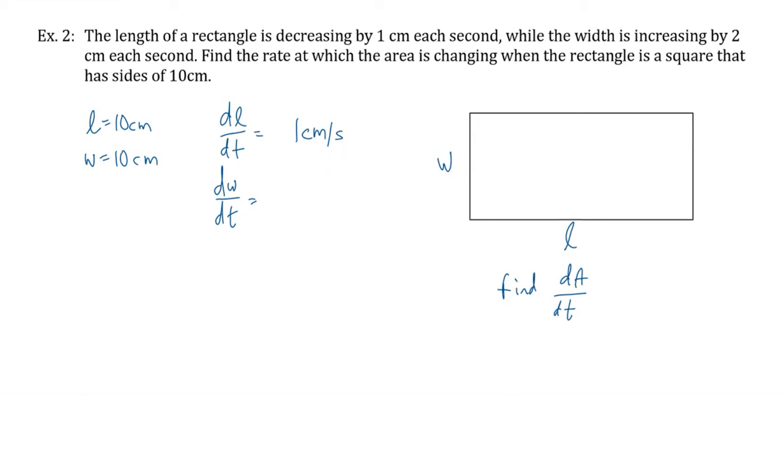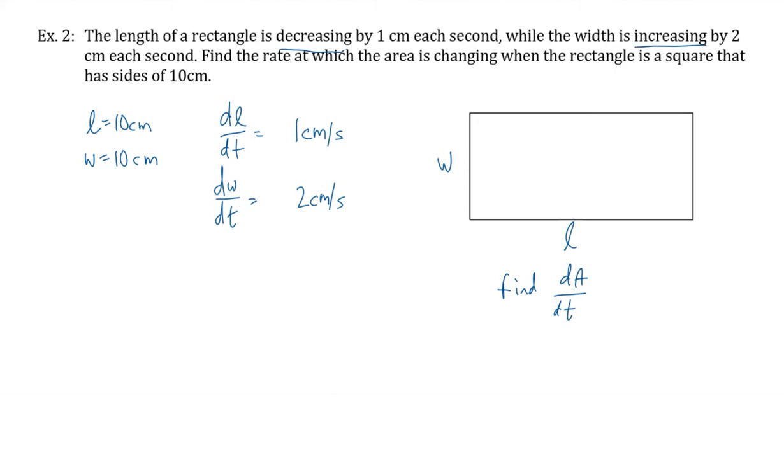And the width is increasing by 2 centimeters per second. I do like to include units when I'm listing these, just because when I go to do the answer, I've got them written out here and I don't have to look back at the actual question. And just to make sure, you'll see that sometimes we're given centimeters and meters. So it's just a good habit to write out units to make sure that everything's in the same unit. So hopefully you picked up on the fact that the length is decreasing and the width is increasing.